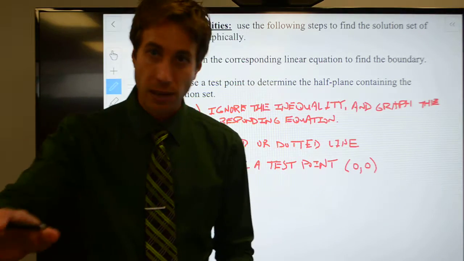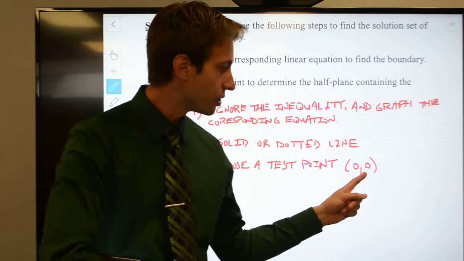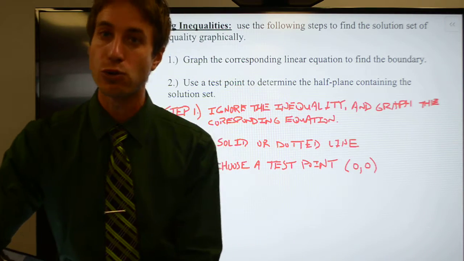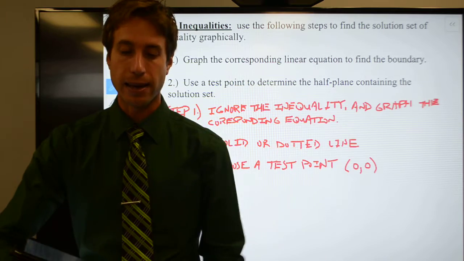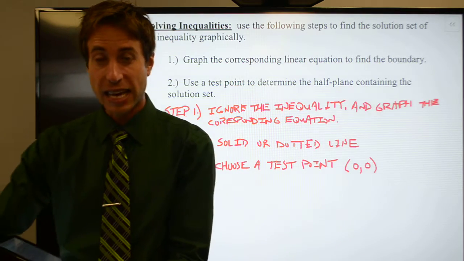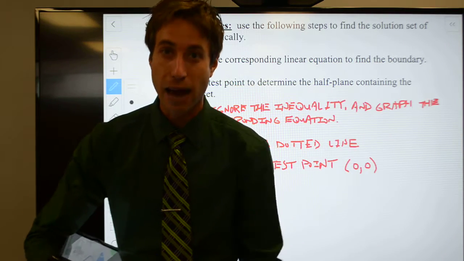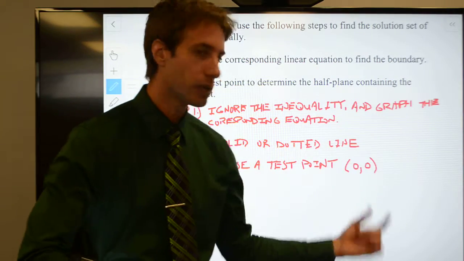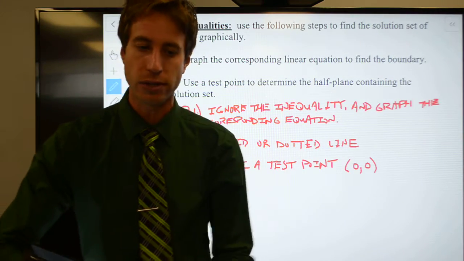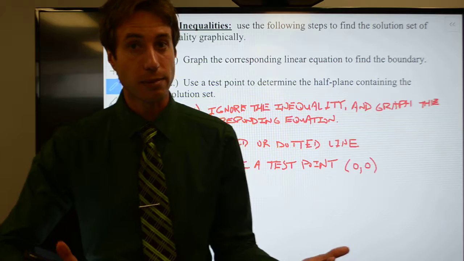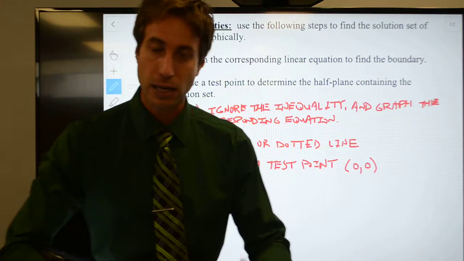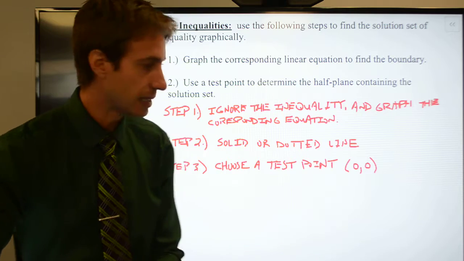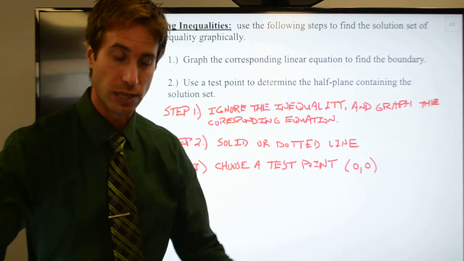Pick something easy: if you can do (1, 1), pick that; if you can do (-1, -1), great, pick that. The only reason you wouldn't use (0, 0) is if your line goes through it. Pick something very easy to do math with. You don't have to make it complicated, which is why we like (0, 0).